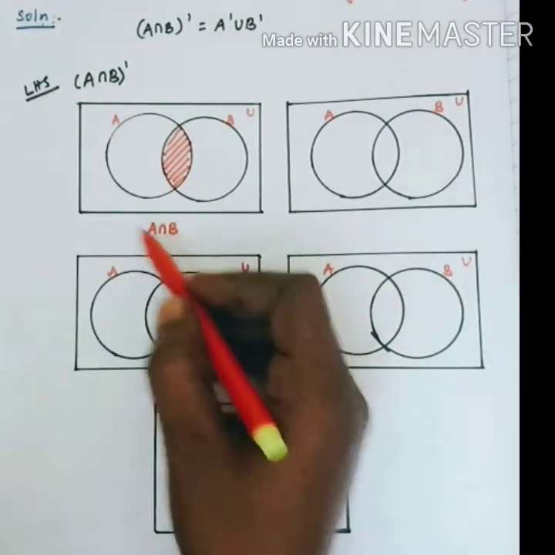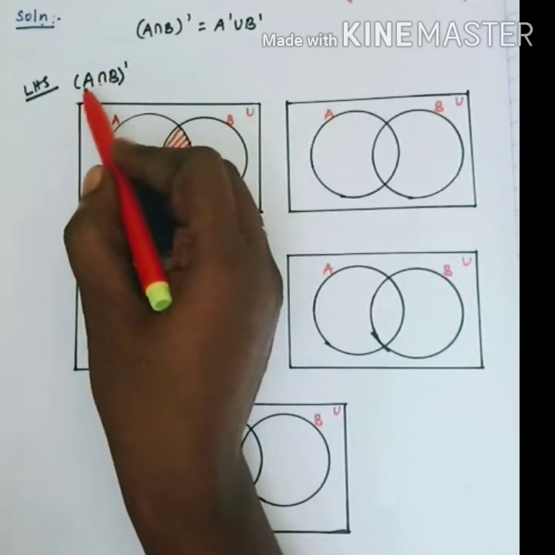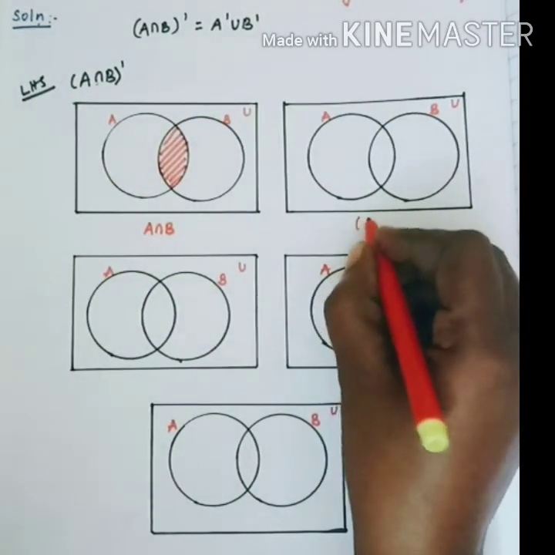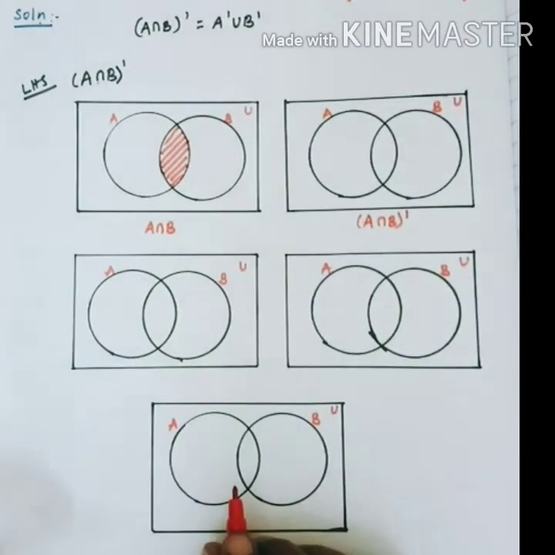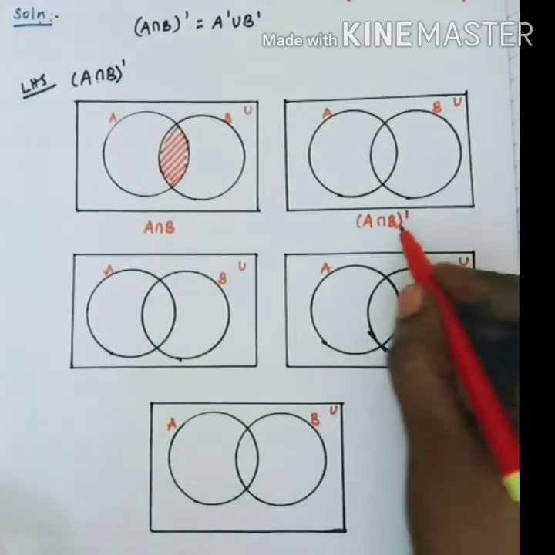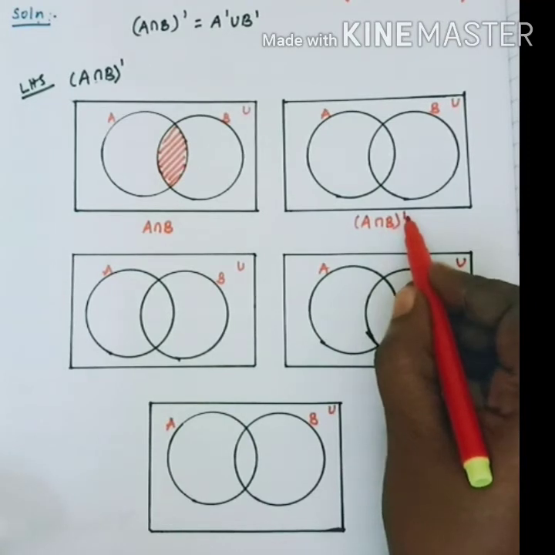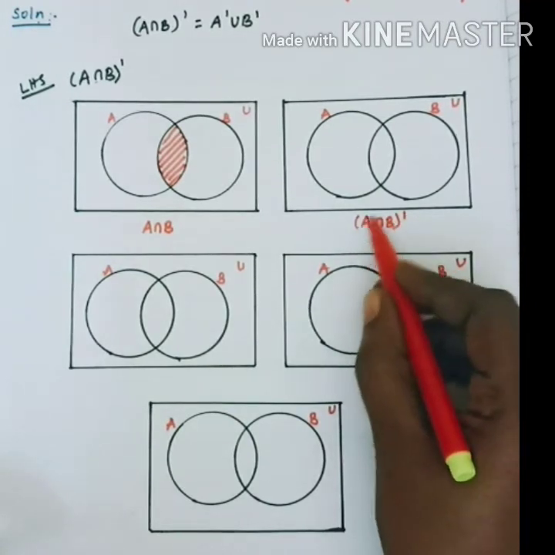Now we have to identify this left hand side fully. Left hand side we have A intersection B the whole dash. Whenever this dash comes, you have to omit this part.